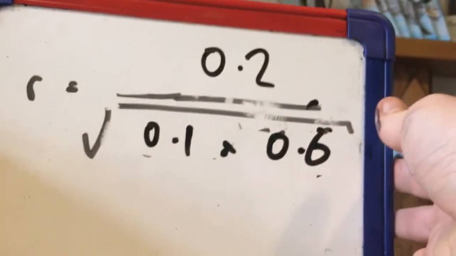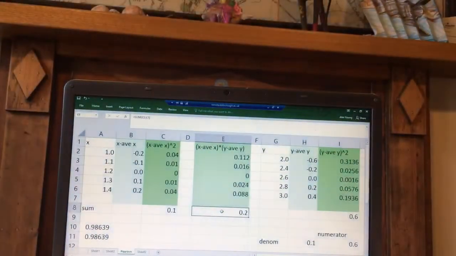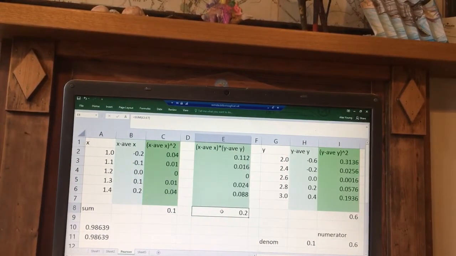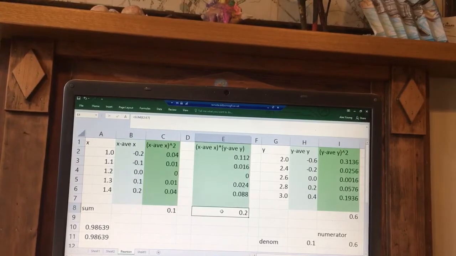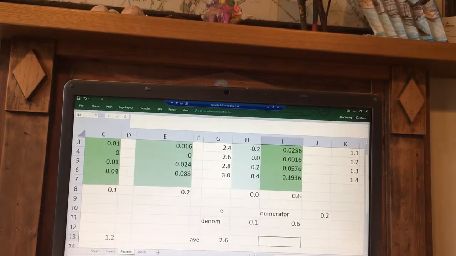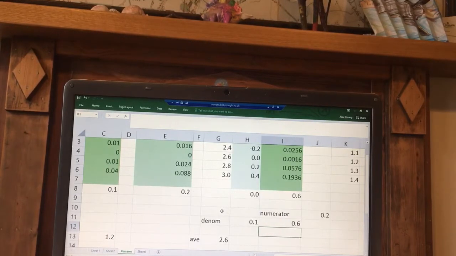And I'm left with this. If I put that into a calculator, which I don't have on me, really annoyingly, but I've got Excel, so the numerator is that, the denominator is that. Okay, so we could type it in and find out, but that should give us our Pearson value.